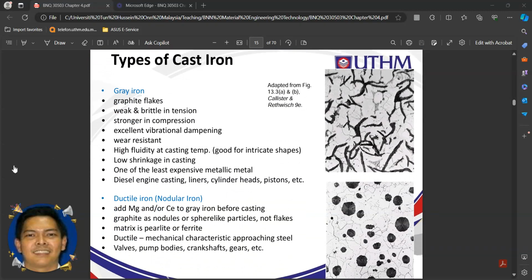So the types of cast iron. Cast iron can be classified into gray iron. Gray iron looks like graphite flake. Basically, it's weak and brittle when subjected to tension. However, under compression, it is quite stronger. It has excellent vibration damping, so it is more resistant to wear.